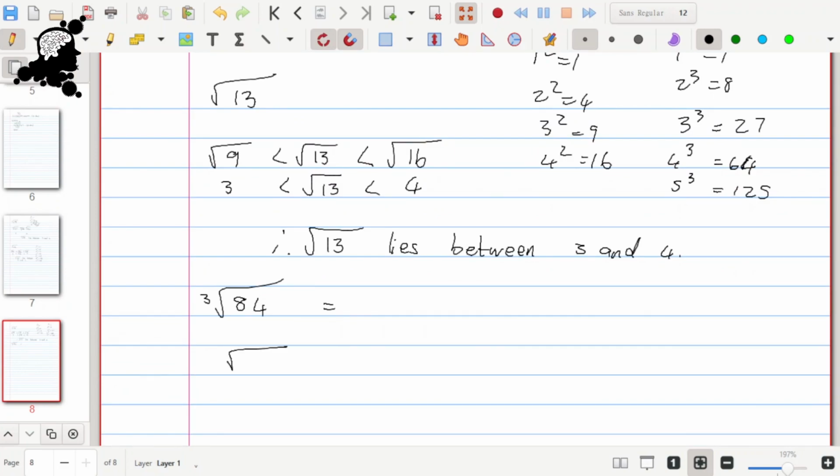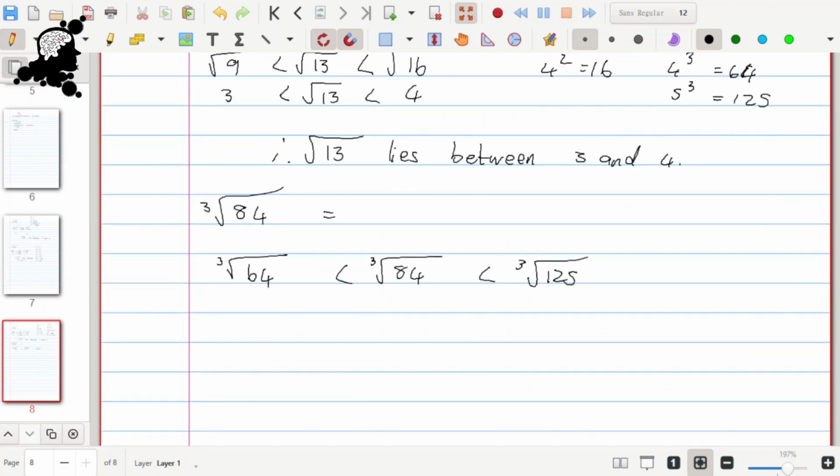So I'm going to say the cube root of 64 is less than the cube root of 84, which is less than the cube root of 125. The cube root of 64 is, sorry, 4. The cube root of 84 is just the cube root of 84.